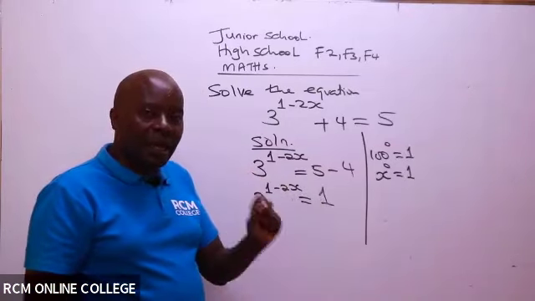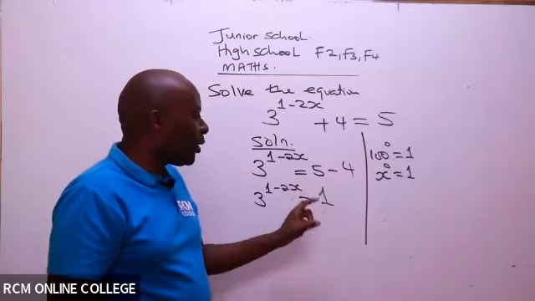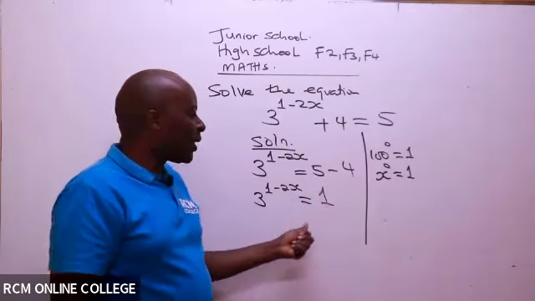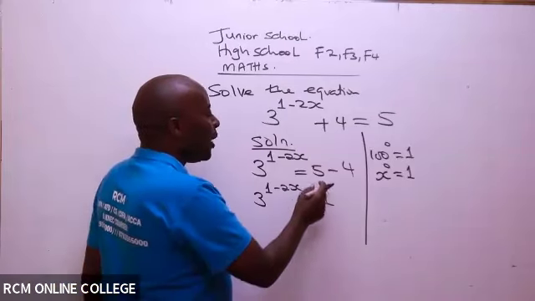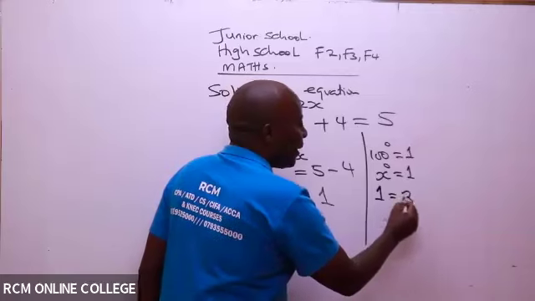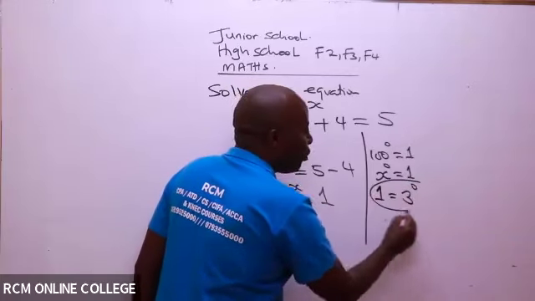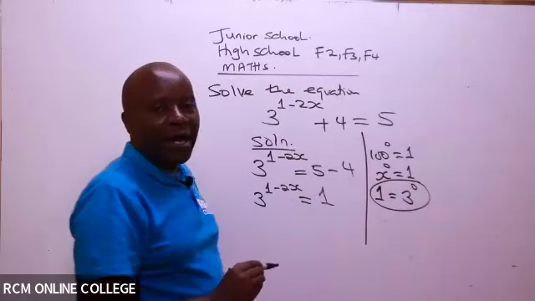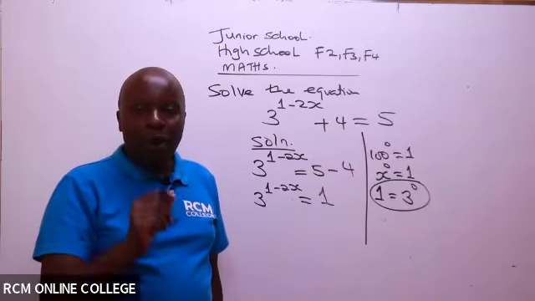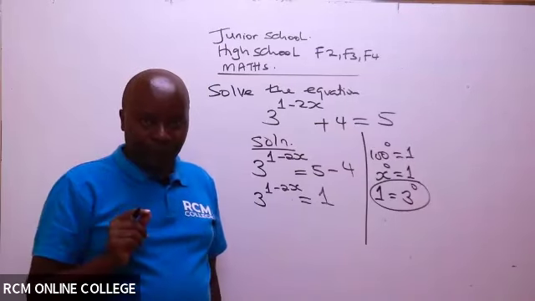And the easiest base to craft here, to make this base 3, it will be this one. So 1 can be written as 3 raised to power 0. 1 is exactly equal to 3 raised to power 0.